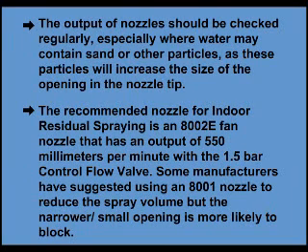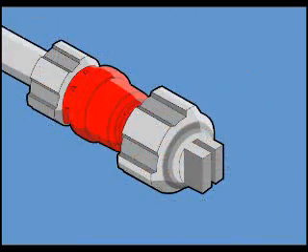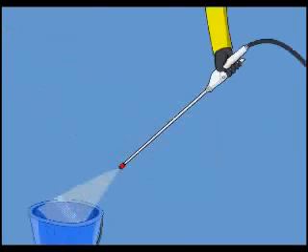Some manufacturers have suggested using an 8001 nozzle to reduce the spray volume, but the narrower, small opening is more likely to block. It is not always practical to have spare nozzles in the field, and blockages in nozzles are a regular occurrence.